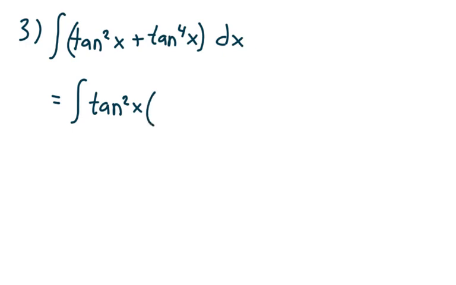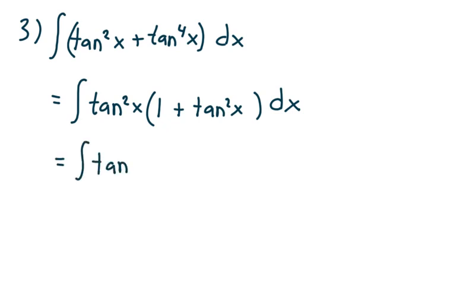And when I do, inside the parentheses, I have 1 plus tangent squared x, and this is being integrated with respect to x. But 1 plus tangent squared x is secant squared x. So this is the integral of tangent squared x times secant squared x dx.